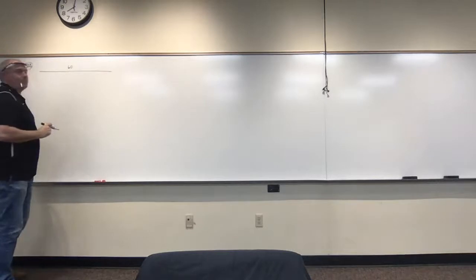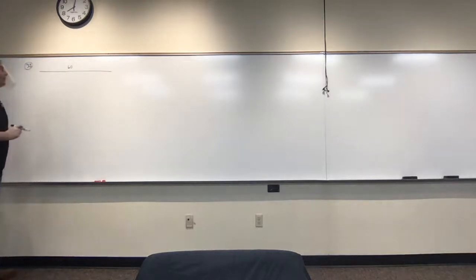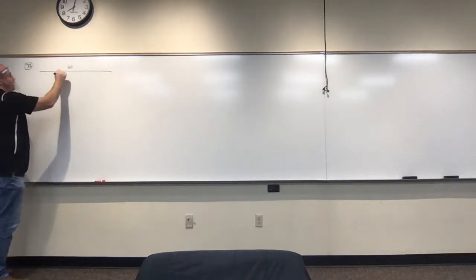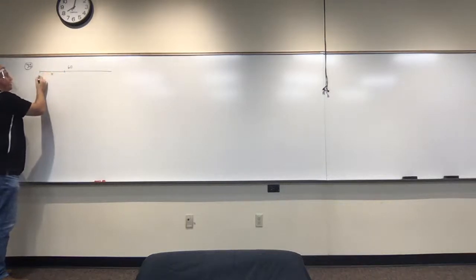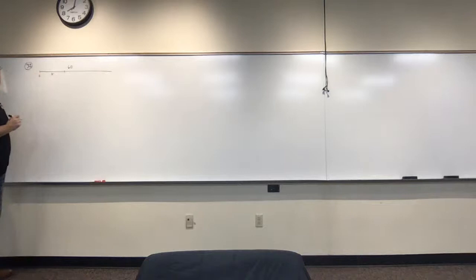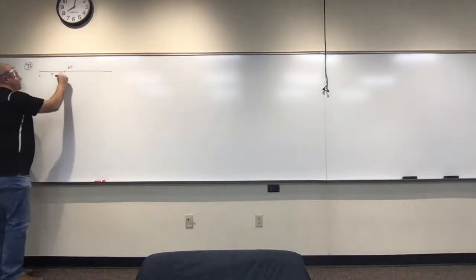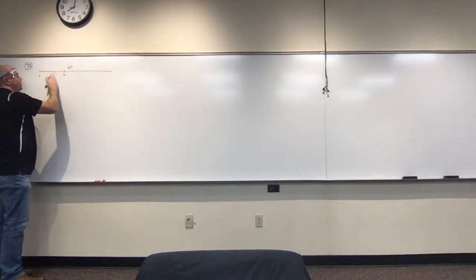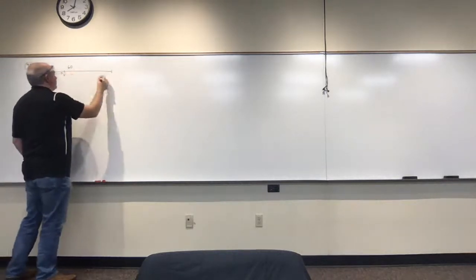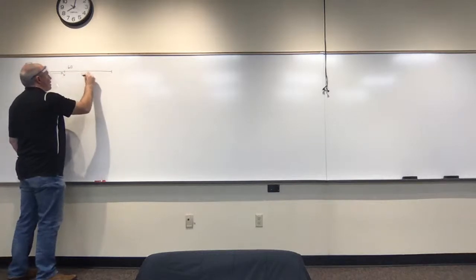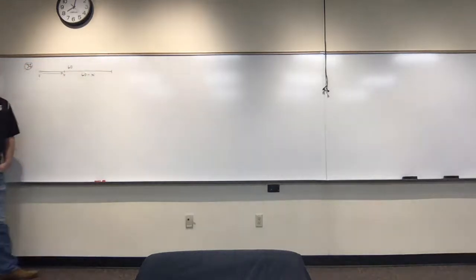And then we're going to make a cut, right? And let's just say that I make a cut at X. So let's say this is 0. This is a cut right here at X, let's say. So that's X. And then the rest of the wire would be 60 minus X, correct?